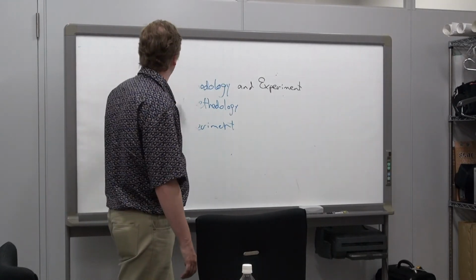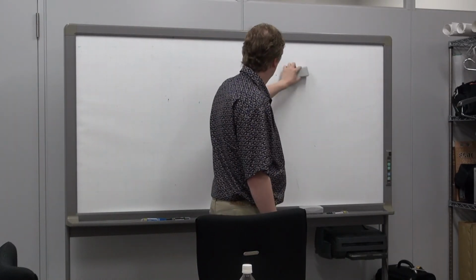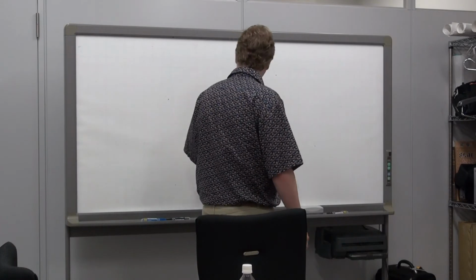So let me erase that. So, in this second class, what I've talked about today is literature review, how to organize your literature review, why we do a literature review. I've also talked about the methodology chapter, which is basically how you're conducting your experiment, what methods you're using to do that.